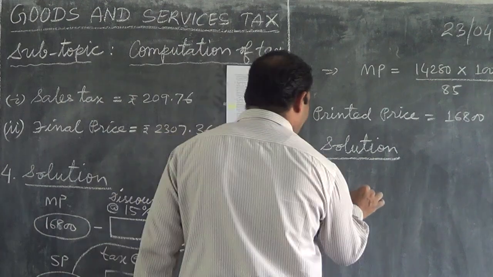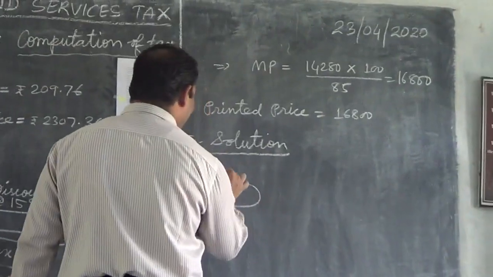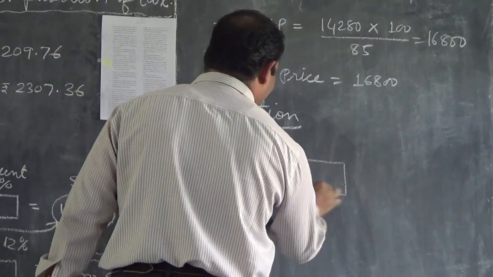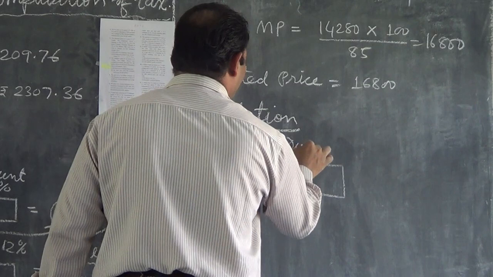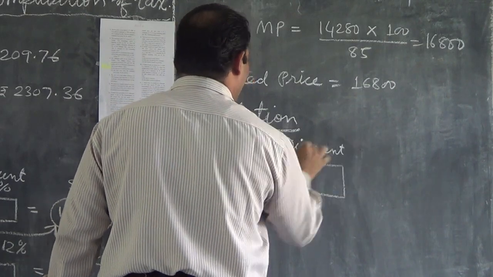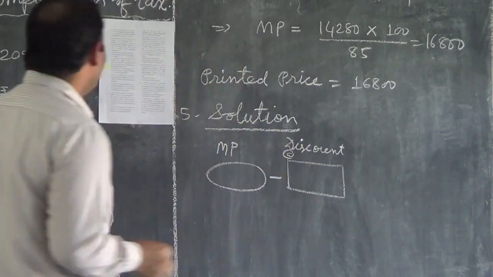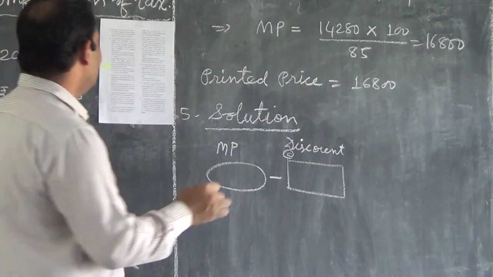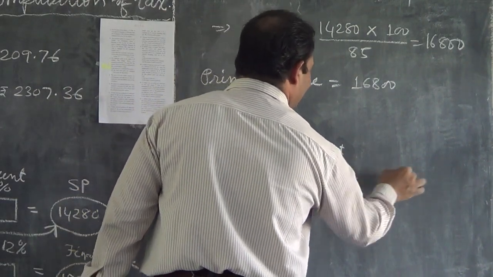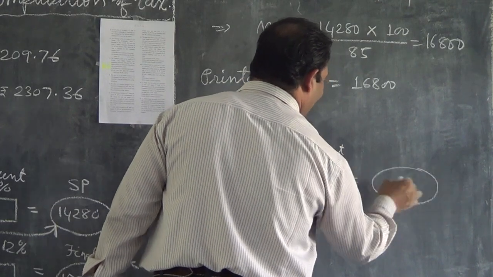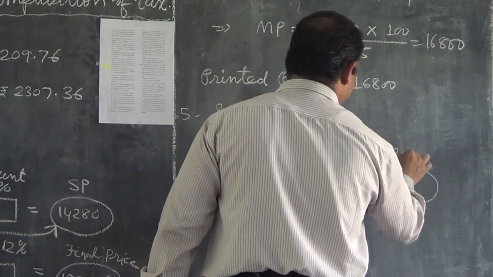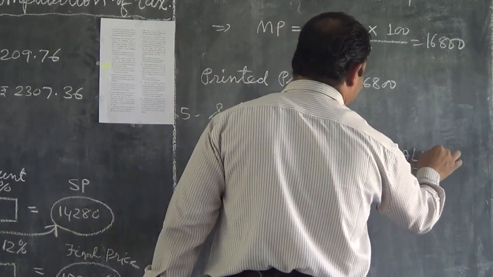So I can do here first printed price, that is mark price, minus discount at what percent, children? Discount is given at 20%. And after subtracting discount at 20%, what will come? That is not the selling price. Remember, that is the balance.